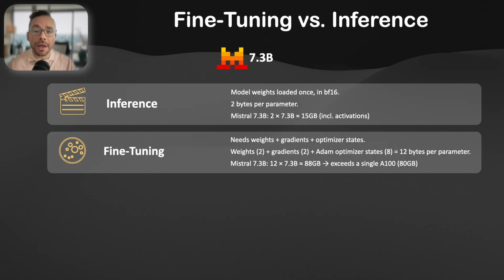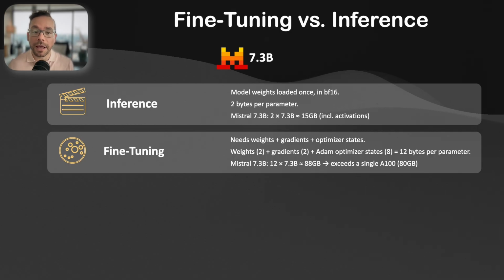Add it all up, weights, gradients, optimizer, and you're at about 12 bytes per parameter, or roughly 88 gigabytes of memory in total to be able to handle fine-tuning this model. That's more than a single A100, one of the most powerful GPUs out there. So you can see why full fine-tuning is off the table for most people, even for Mistral 7B.